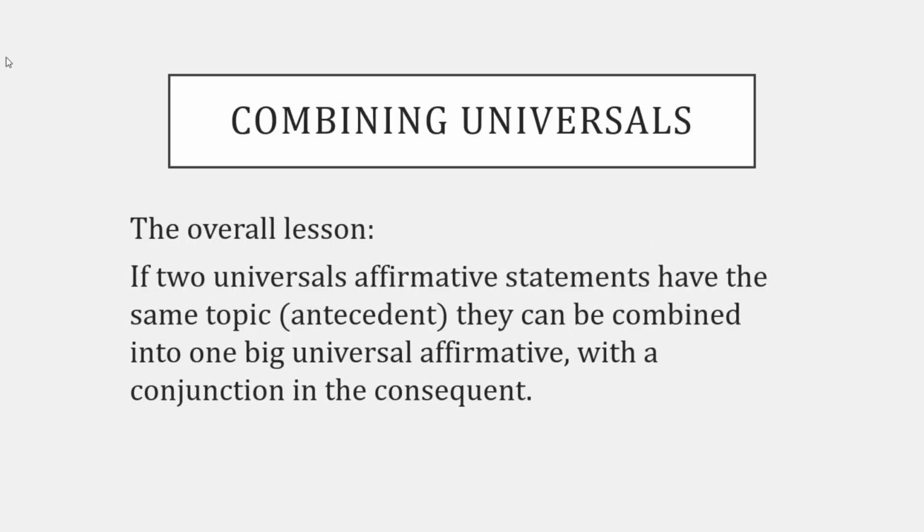To drive this home, if two universal affirmative statements have the same antecedent, then they can be combined into one big universal affirmative with a conjunction in the consequent. If they've got identical antecedents, you can just combine the consequents using a conjunction. Is that okay?